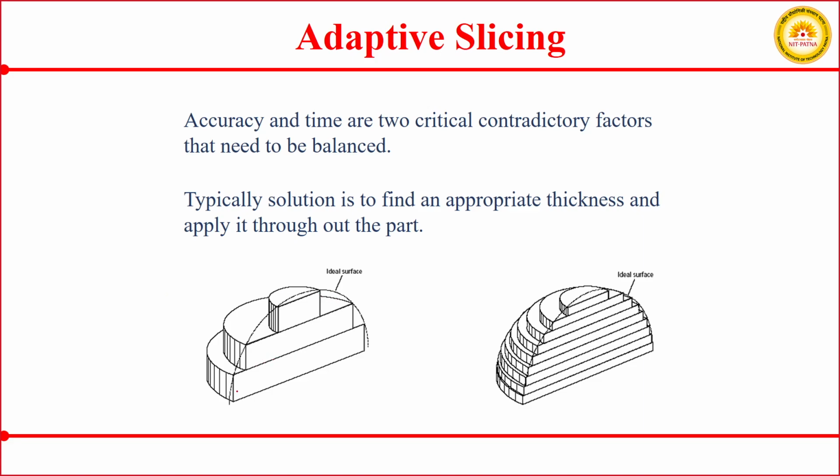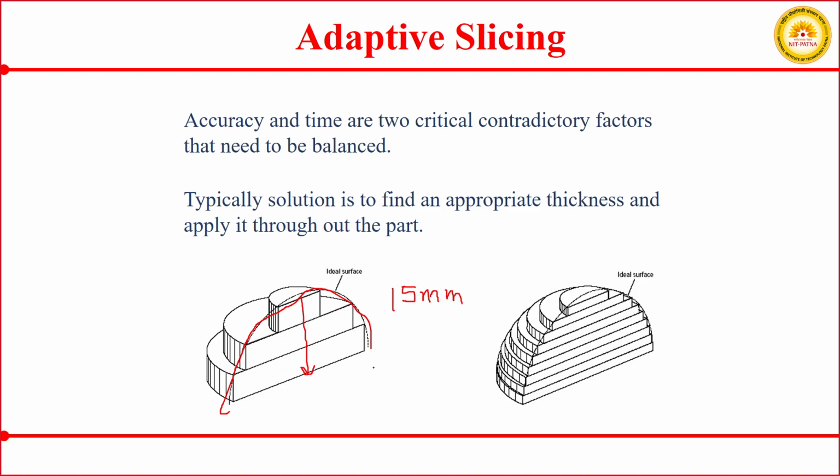In this case you can see this is your ideal, or desired, surface. Suppose this height is, for example, 15 millimeter, and you have 3 layers.